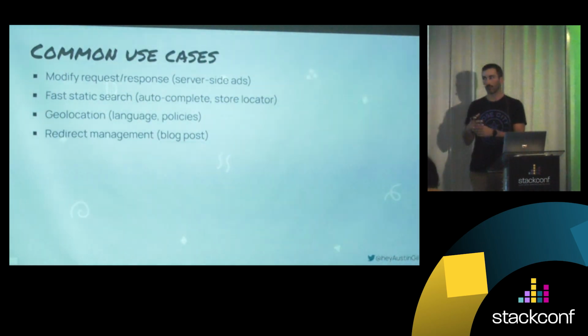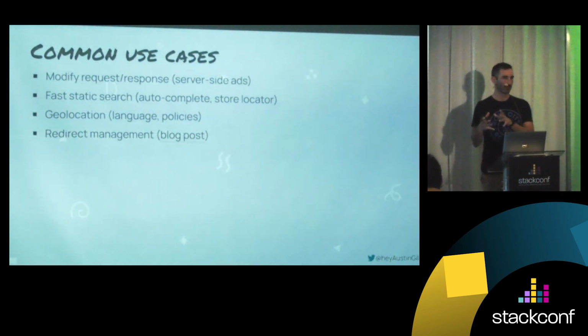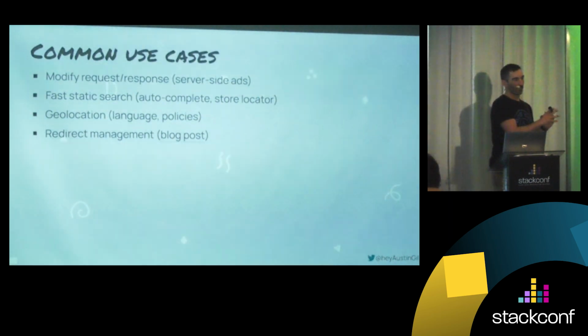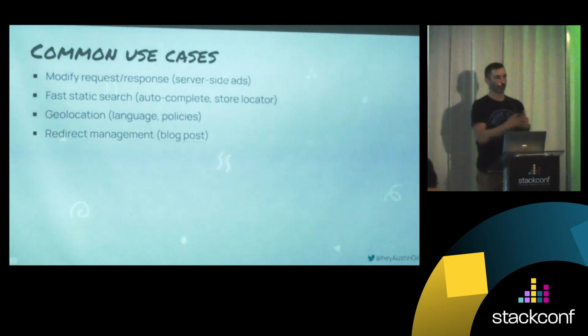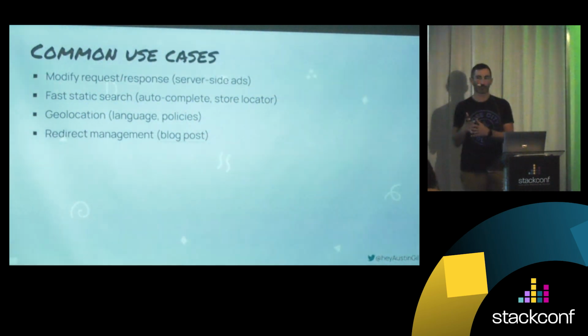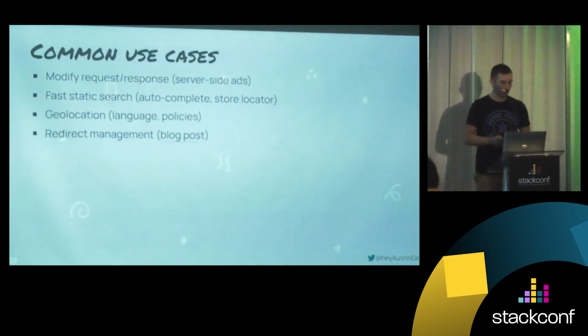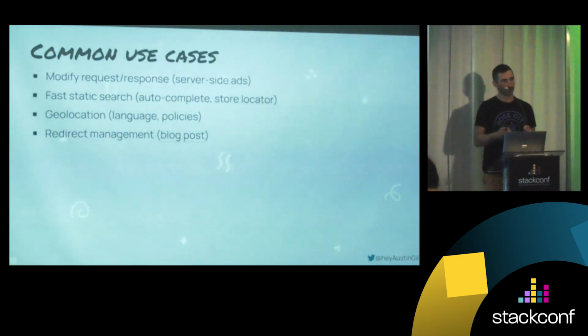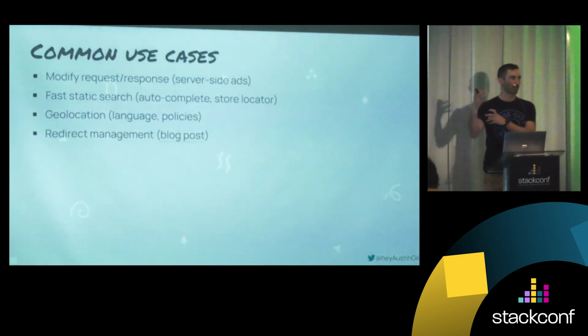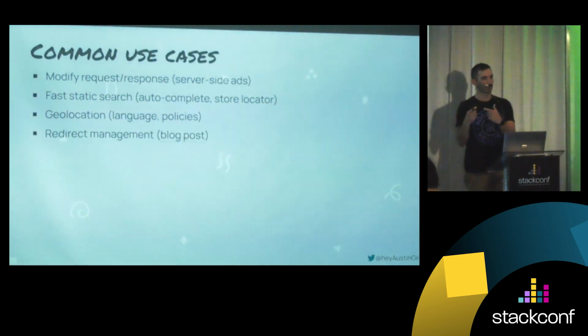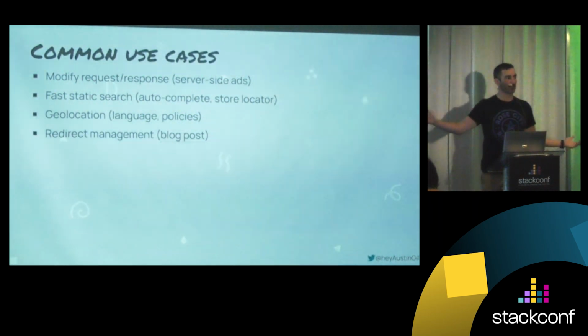But when you get to customer sizes that have to migrate 1 million pages and you have 1 million redirects, that can actually affect the performance of that server just looking up the redirects or parsing the redirect rules. So there's a way to potentially store redirect logic inside key value stores and use edge compute to manage those redirects, so that when a request comes in, if it knows it needs to be redirected, it can be a lot faster to look up over very large quantities of redirects.